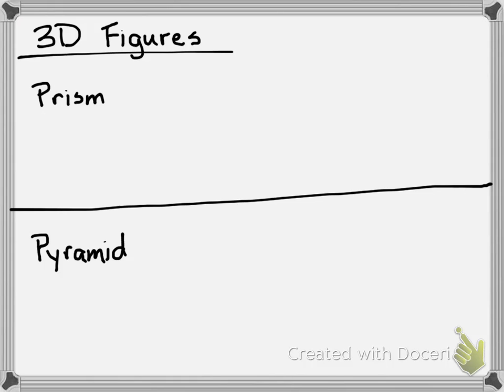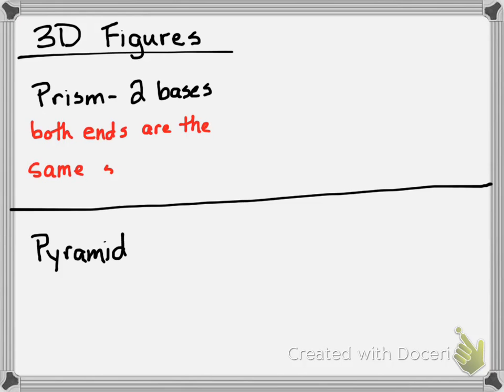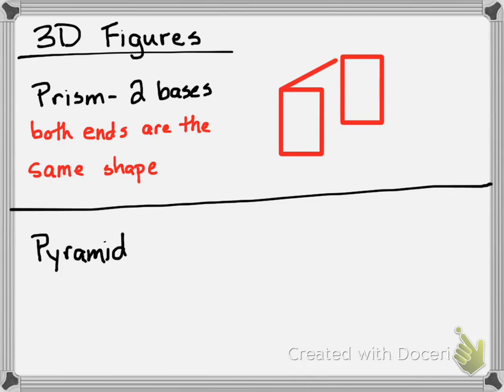Alright, so a prism. A prism is something that has two bases. Now we're going to talk more about what bases mean in a minute, but this basically means that both ends of the shape are the same. This is an example of a prism.